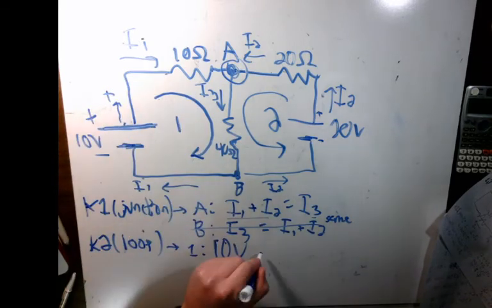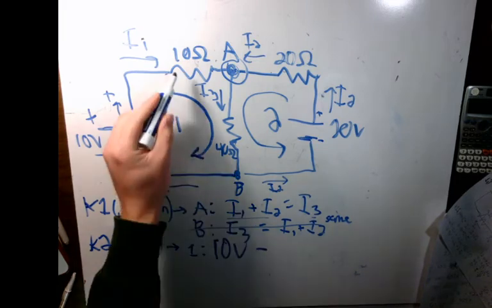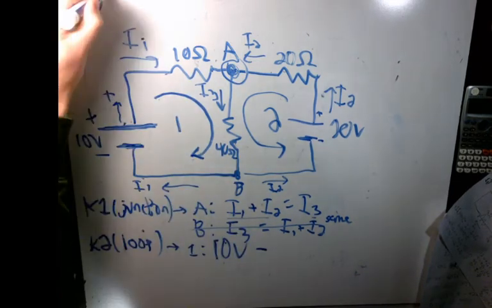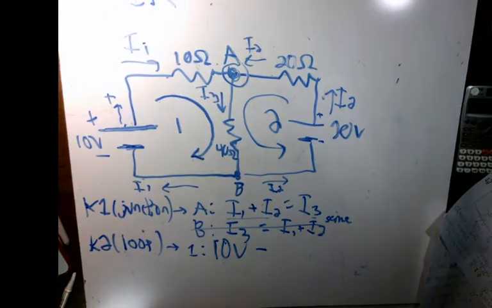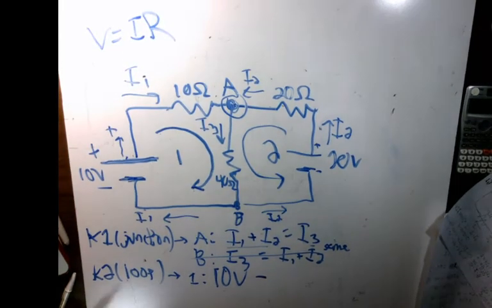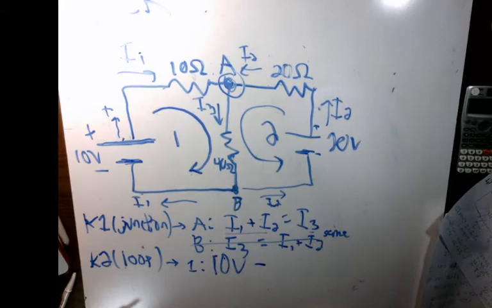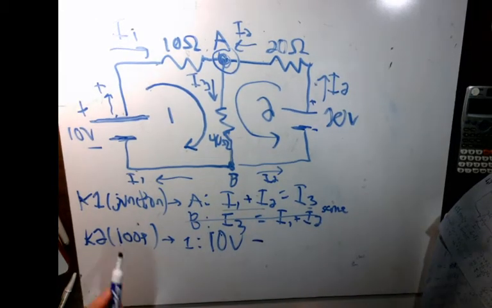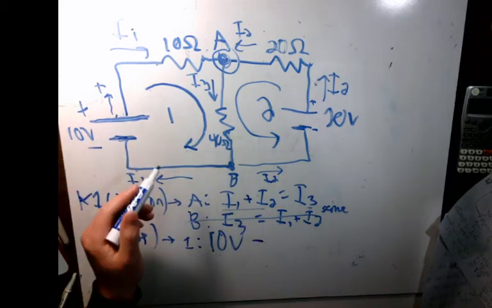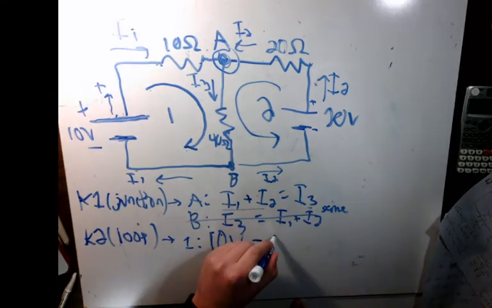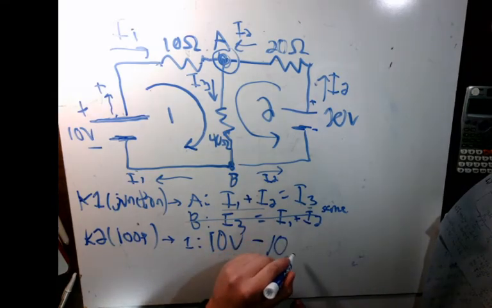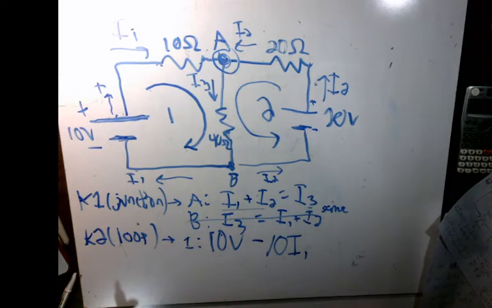So we're going to subtract our current times our resistance, because voltage is current times resistance. I don't know if you can see that there. All right, so we're keeping track of all of the voltages. They should add up to 0 by Kirchhoff's second law in each loop. So we're having a voltage drop there, so we're going to subtract 10 ohms times our unknown current 1.